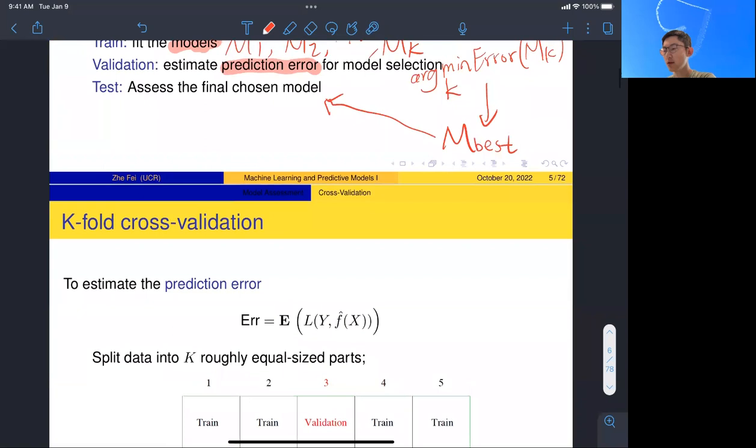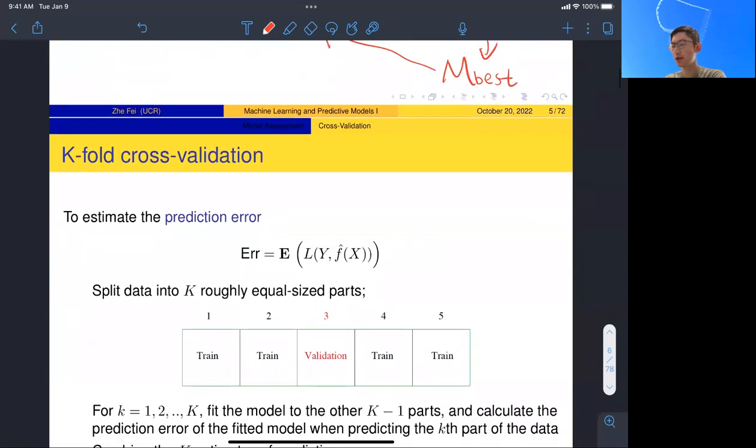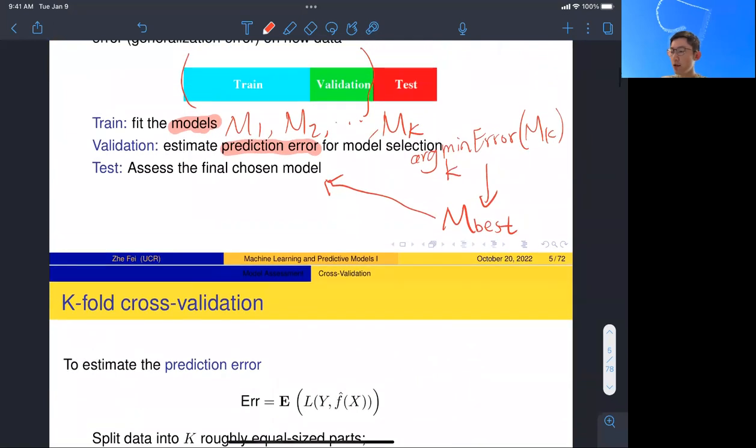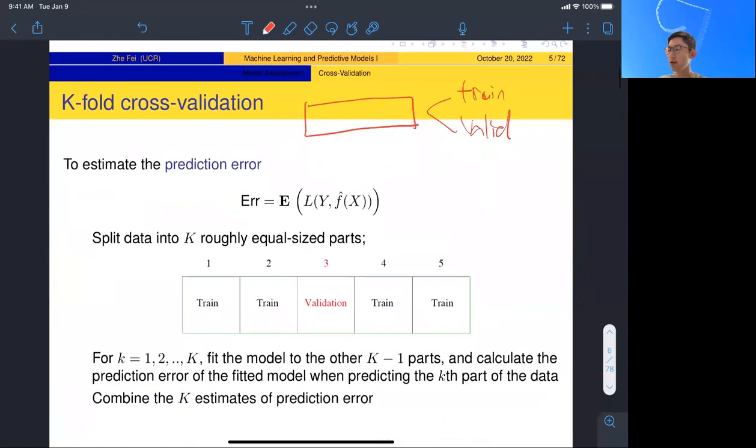Given this procedure, k-fold cross-validation is essentially saying, given a single data set, we perform k-fold cross-validation to achieve the first two steps, the training and the validation steps, using this single data set.